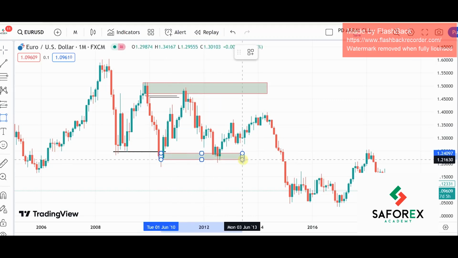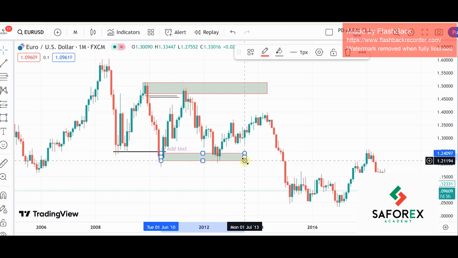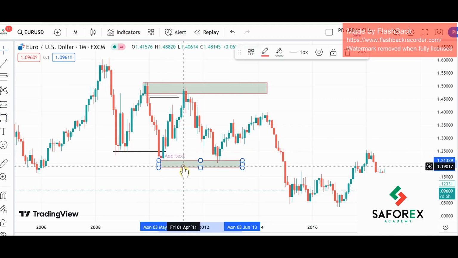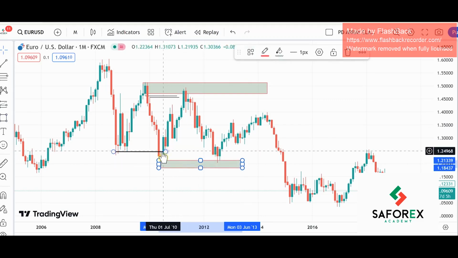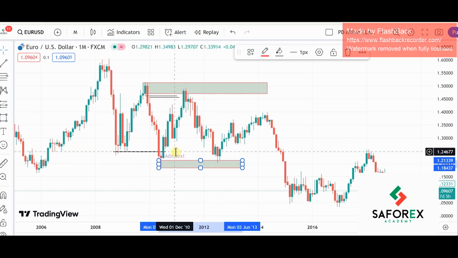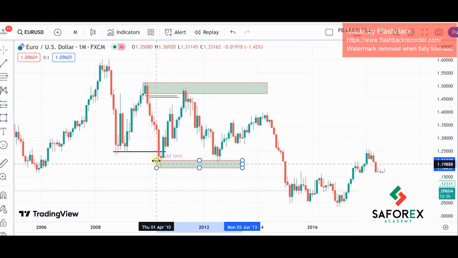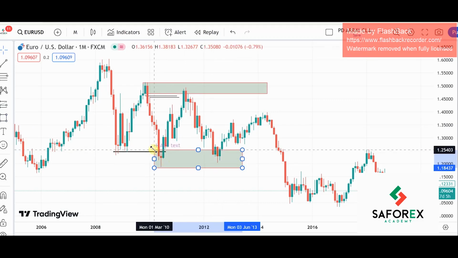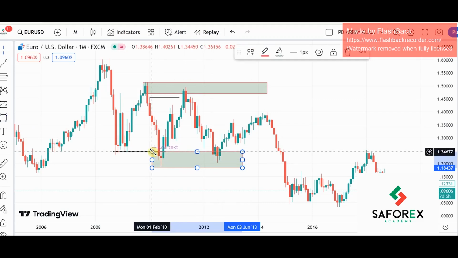You can see our market came back into it. Did you have a fair value gap? Yes, you are seeing it here. You are seeing the gap here to here. You are seeing the gap. So that is how you identify order blocks. So if you check this one in lower time frame, you will see that that's how it is.